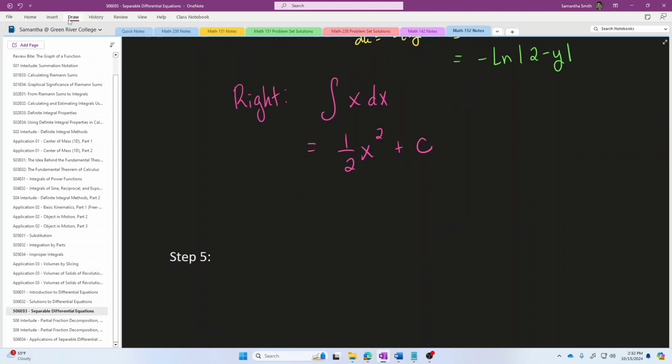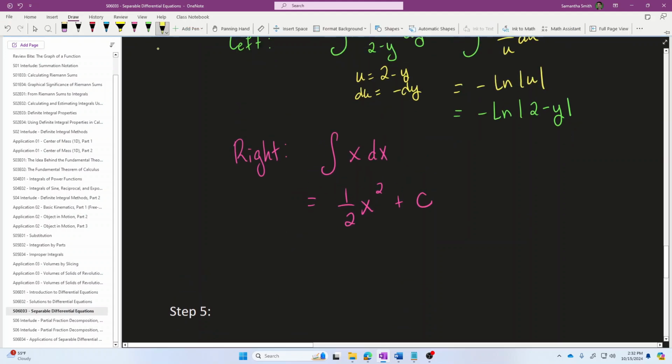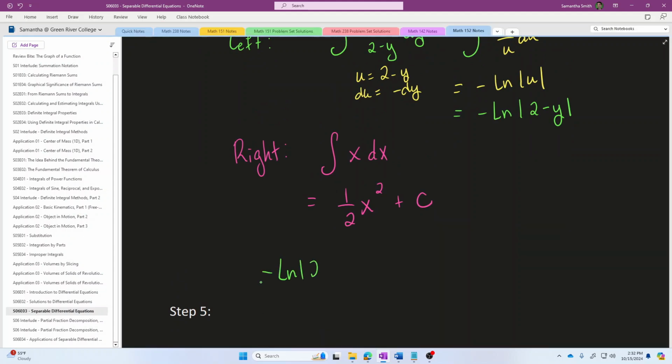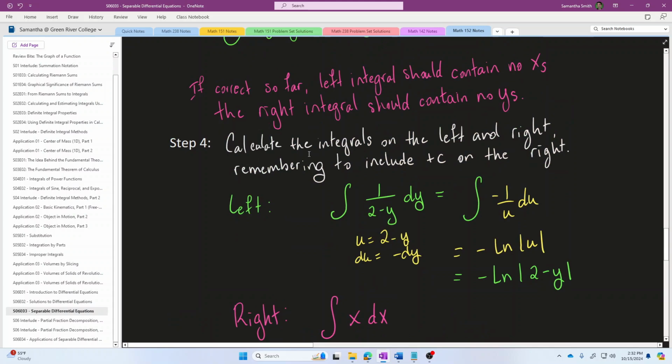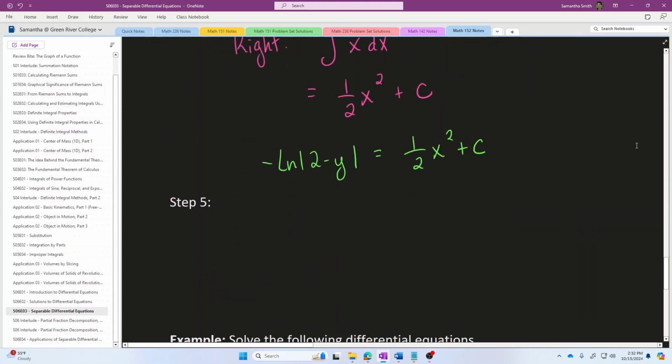Now that I have evaluated both integrals, I can say the left-hand side, negative natural log, should be equal to the right-hand side, 1 over 2 x squared plus c. And this would be the conclusion of step number 4, where I have integrated the left side and the right side of the equation, including a plus c on the right.